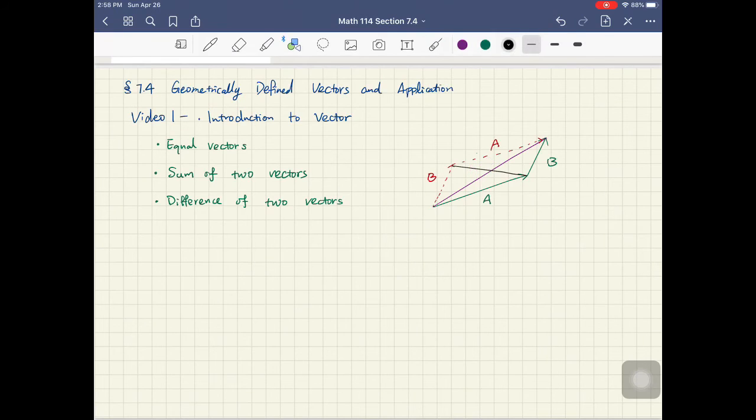When we're talking about, for example, vector A minus vector B, we're talking about vector A plus the negative of vector B. The negative sign here, when we're talking about vectors, means the opposite direction.